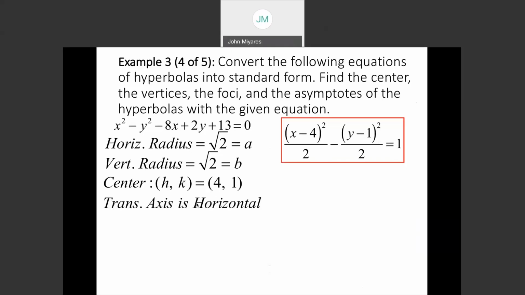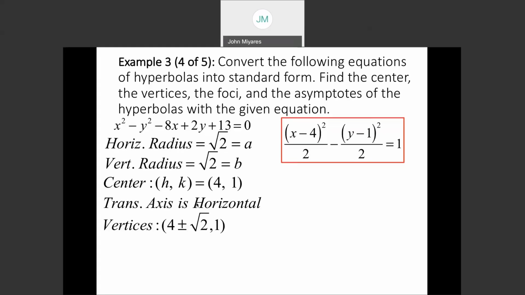The transverse axis is horizontal because the equation is going to be in the form x squared minus y squared. So the vertices are going to be at the square root of 2 units to either side of the center horizontally, which would place them at 4 plus or minus the square root of 2, comma 1.